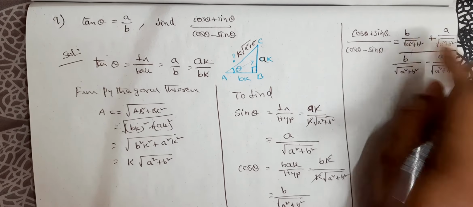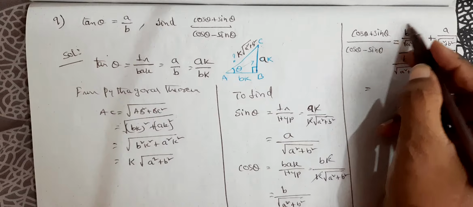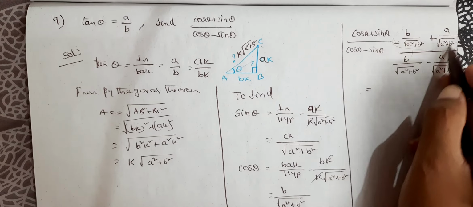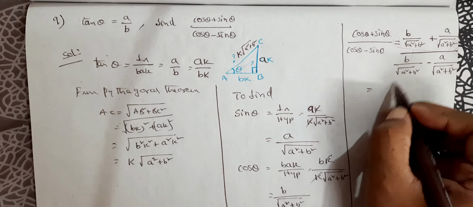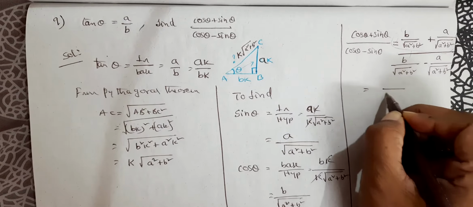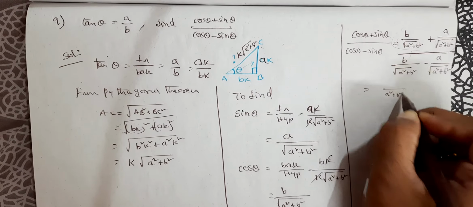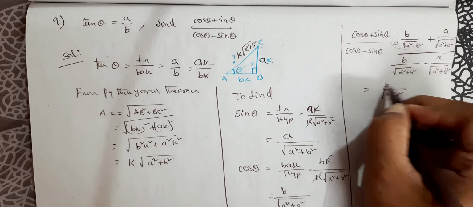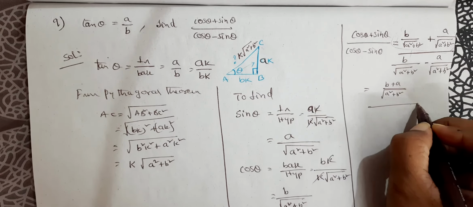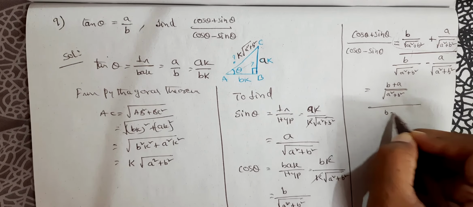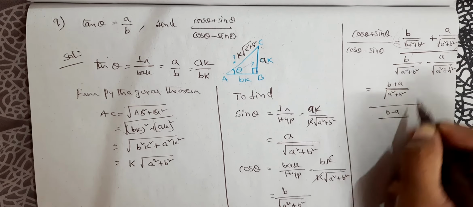So now observe this one. Simplification: first this numerator you have to simplify. You can see that you have a common denominator of root of A square plus B square here, so that is B plus A. Now divided by the denominator, this fraction will become B minus A by the common denominator, root of A square plus B square.